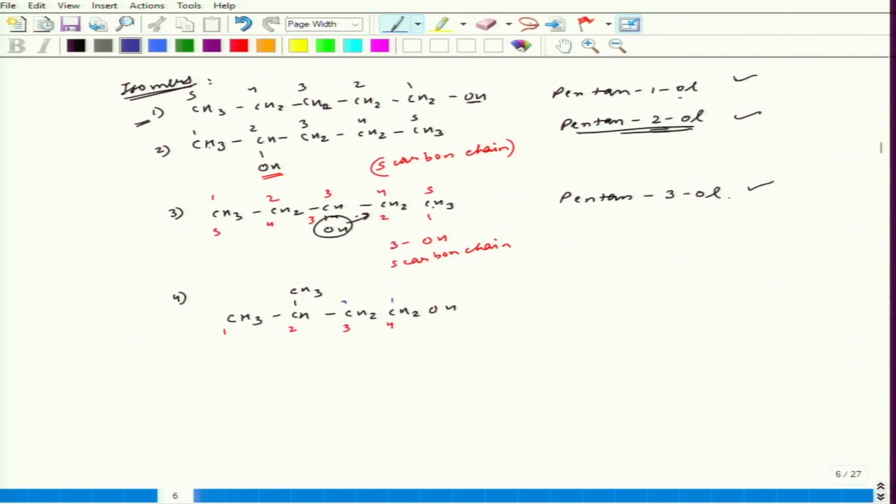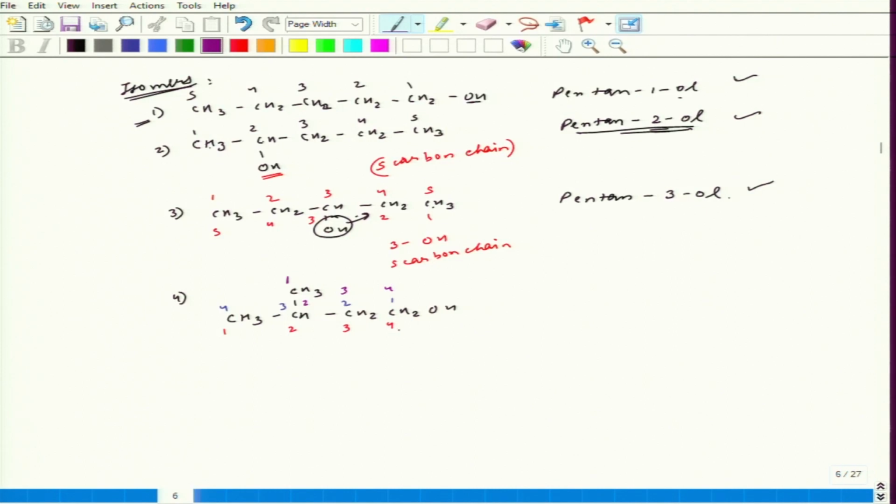Another possibility is 1, 2, 3, 4. Right here or right here is the same thing. Okay. So I'm just mentioning one thing. The other thing possible is, okay, let's not use this. 1, 2, 3, 4.